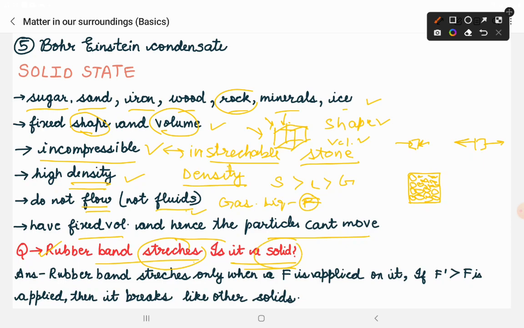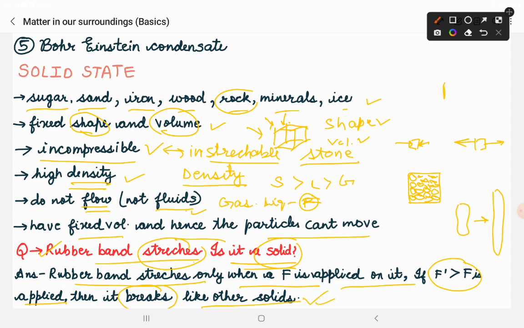Please remember that a rubber band stretches only when a force is applied on it, and there is a maximum force. Suppose this is our rubber band. There is a maximum force it can tolerate to get stretched. After this, if a force greater than that is applied, the rubber band will break.